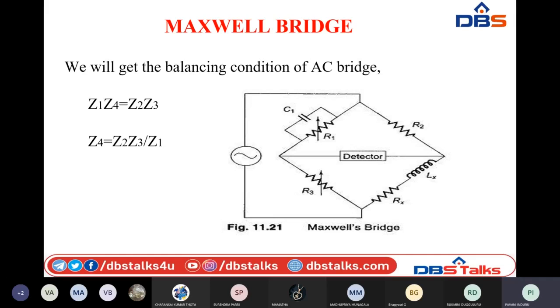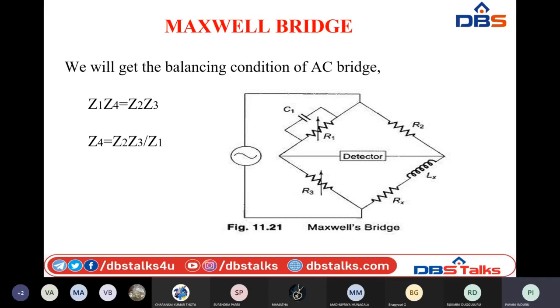This is the general construction of the Maxwell bridge. Here we have 4 impedance arms. At one arm, we have an adjustable resistance in parallel with the capacitor C1. At another arm, we have resistance R2. On the other arm, we have one variable resistor called R3.